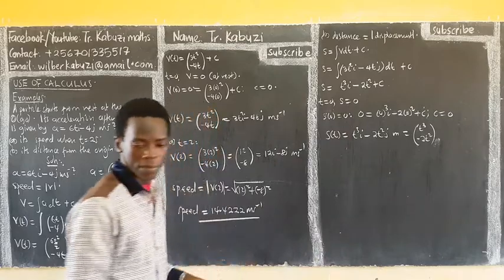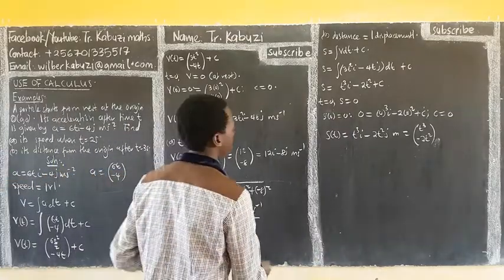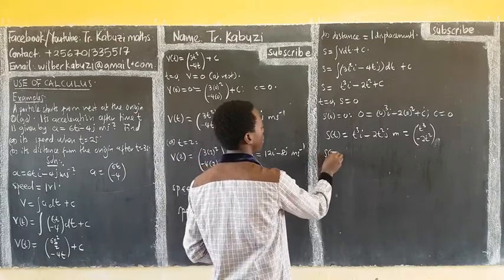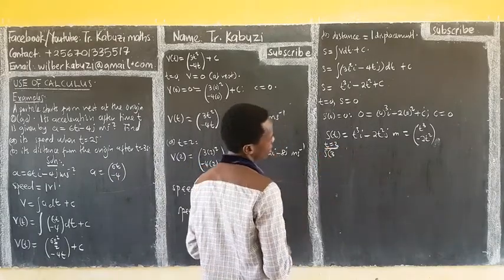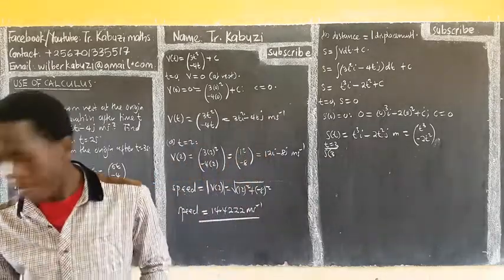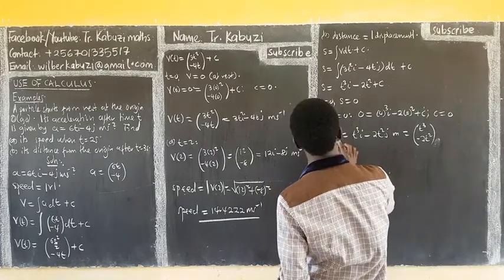Really easy. So from there we can get the distance, the displacement after 3 seconds. When t is equal to 3, what do we have?